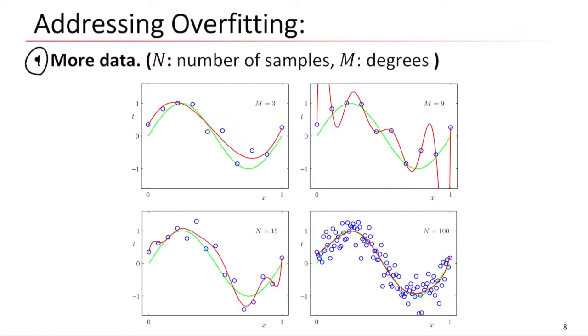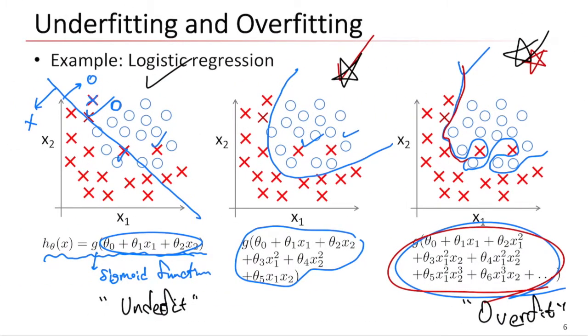So the first solution looks like this. Okay, so let's say n is equal to the number of samples and m is the degree of our model. So this is degree 1, right? Because there is only a first order variable. But in this case there are second order variables, right?